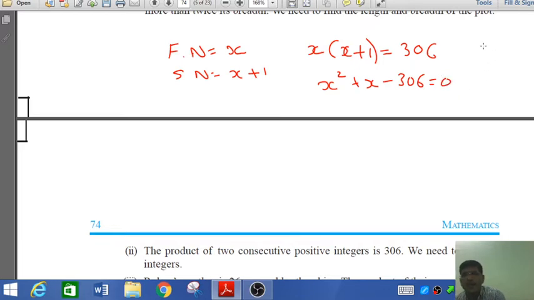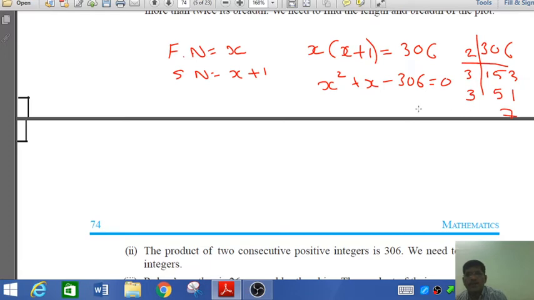Now you have to make a factor of 306. So 2, 153, 3, again 3, 51, again 3, 17.